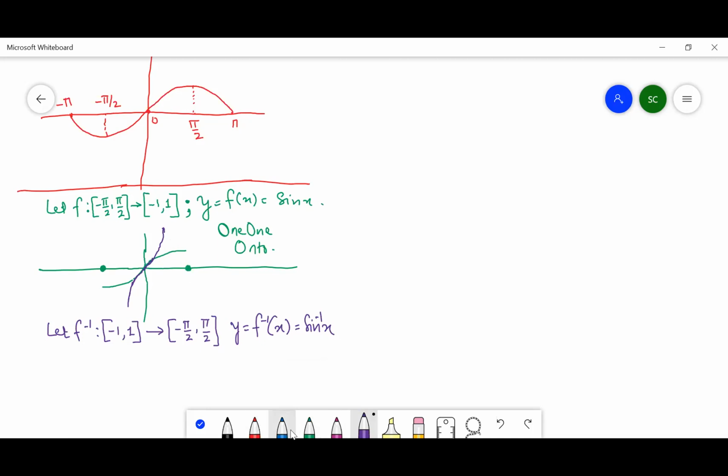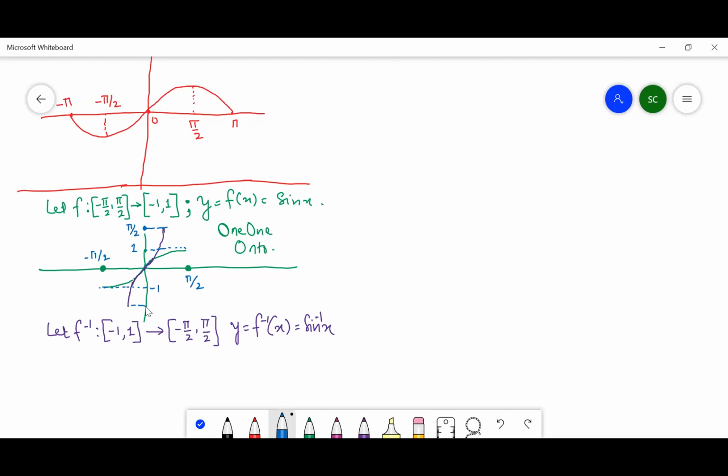Now let us decorate. This is on the x-axis. This is π/2. This is -π/2. This dotted line here is 1. This dotted line here is -1. This point here is π/2.